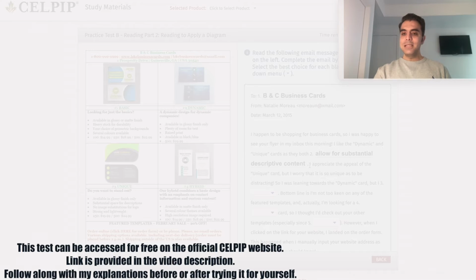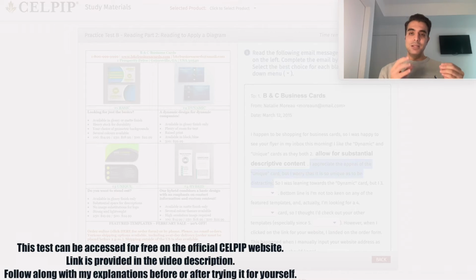The next sentence says, I appreciate the appeal of the unique card, but I worry that it is so unique as to be distracting. Okay, so again, this sentence doesn't have a blank in it. And you might say, oh, I don't really need to pay attention to this. I can even skip it and move on to the next one. Wrong. Never skip anything.